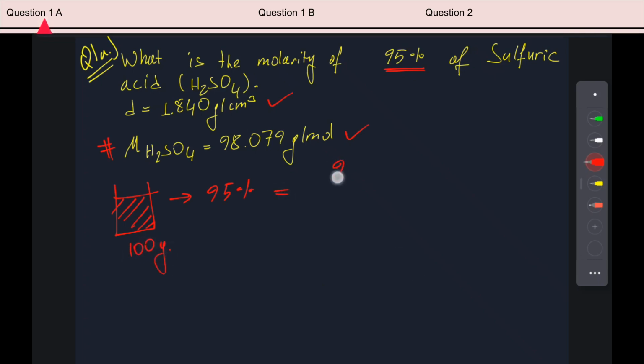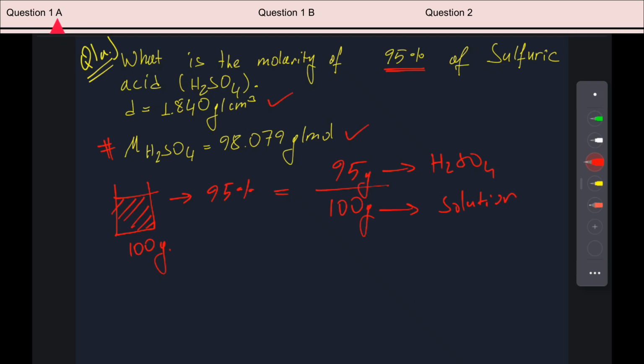This means 95 gram of H2SO4 in 100 gram of solution. Both of them are in gram.